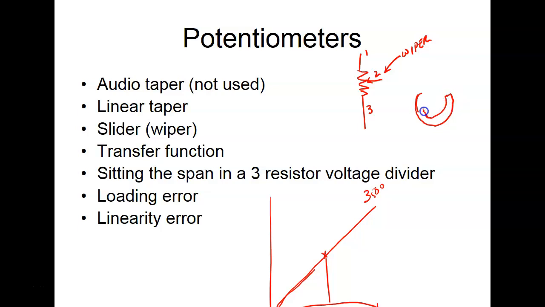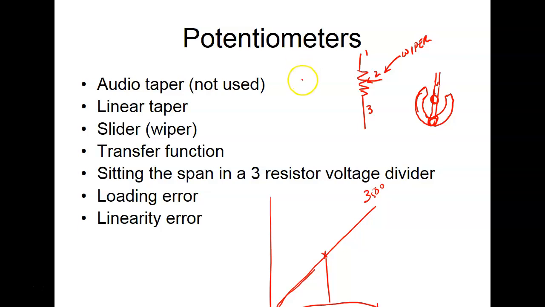Then we bring in an input and hook it to a device called a wiper. Literally, when you turn that knob, it just changes the ratio.